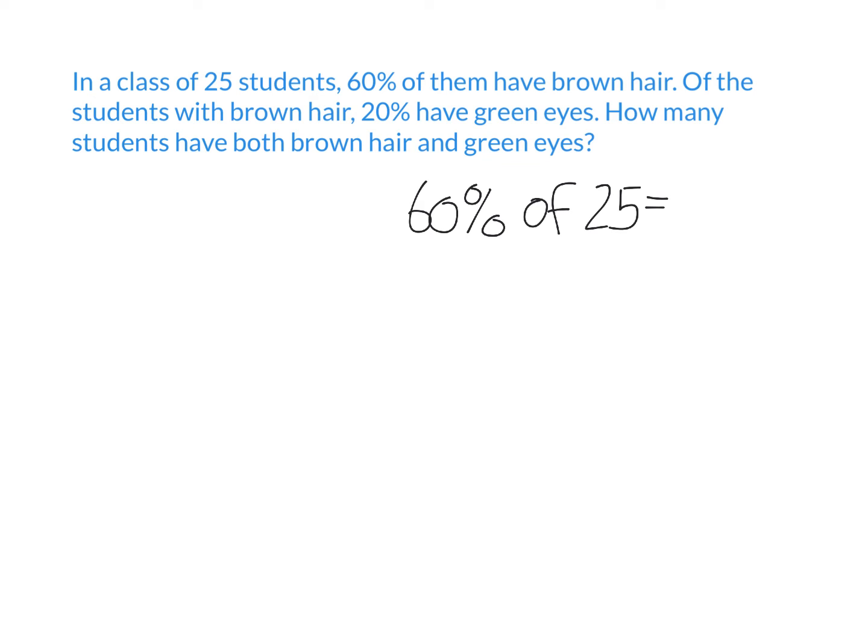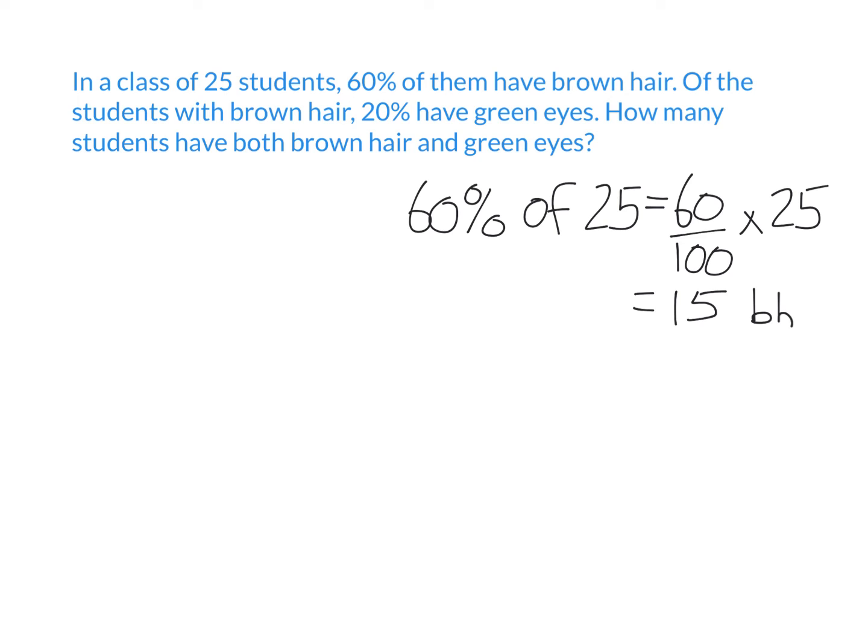So we know that 60% is equal to 60 over 100, of means times. If we put that in our calculator, we get 15. 60% of 25 is 15. Another way to look at it, 15 out of 25 is 60%. So we've just found that 15 students have brown hair.